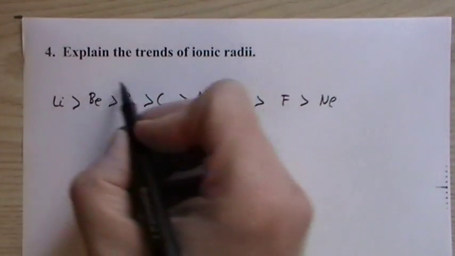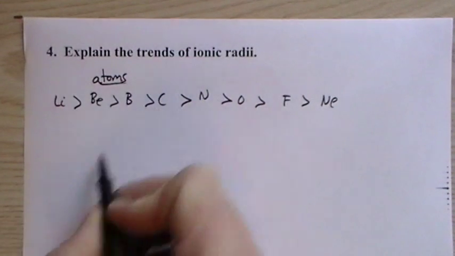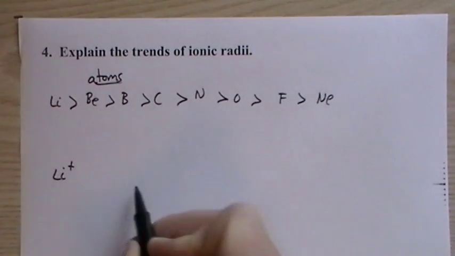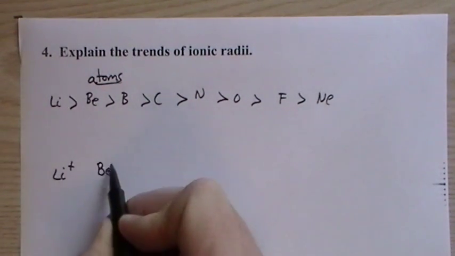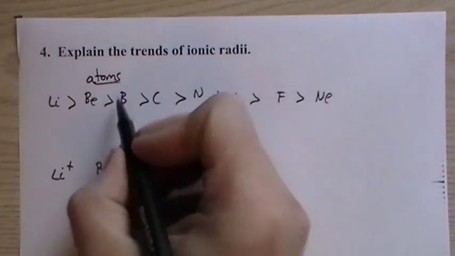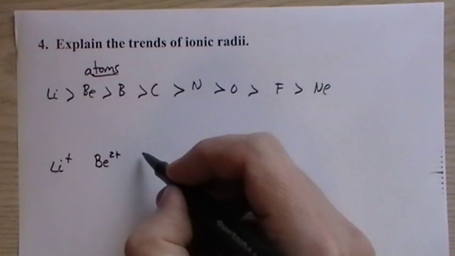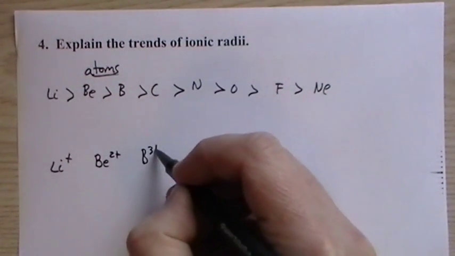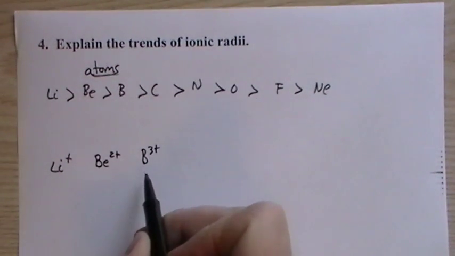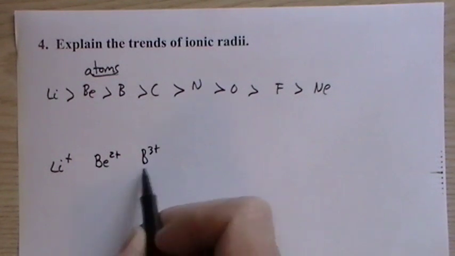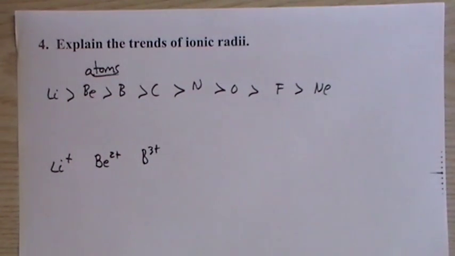But that's for atoms. What about ions? Well, lithium is +1 and beryllium is +2. And I said that boron doesn't normally form +3 as far as ionic compounds, but we can always ionize it. Even though this isn't stable and won't form compounds, we can strip away electrons from anything.